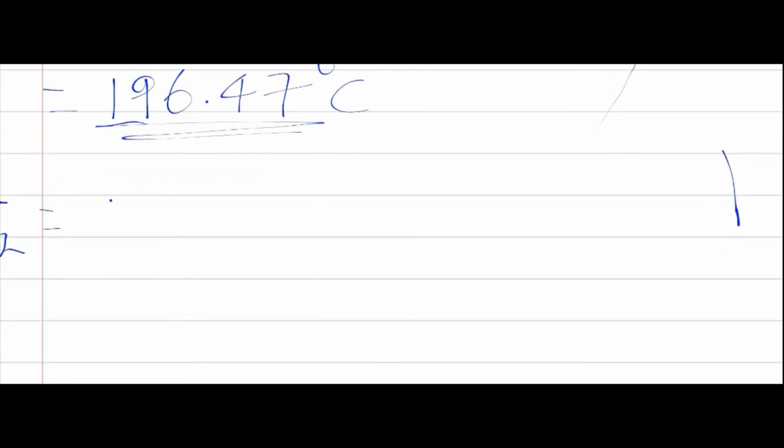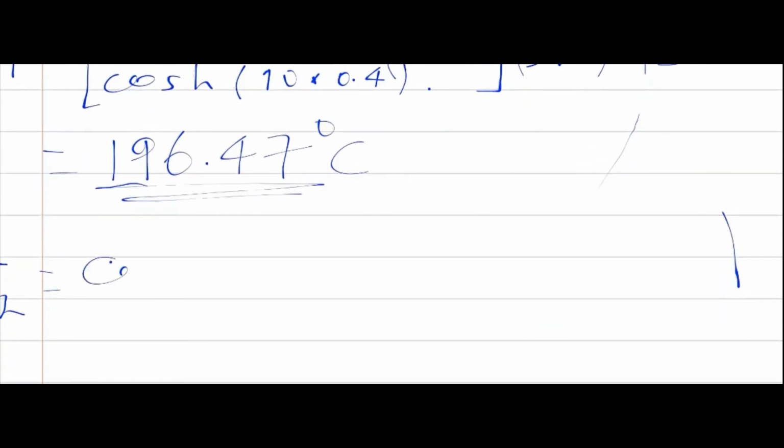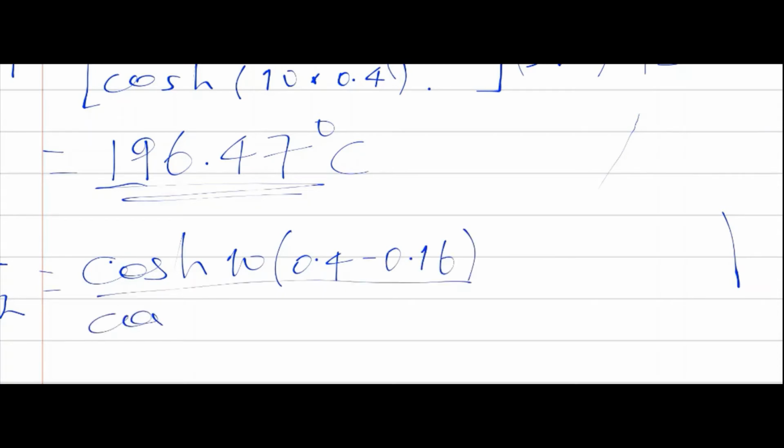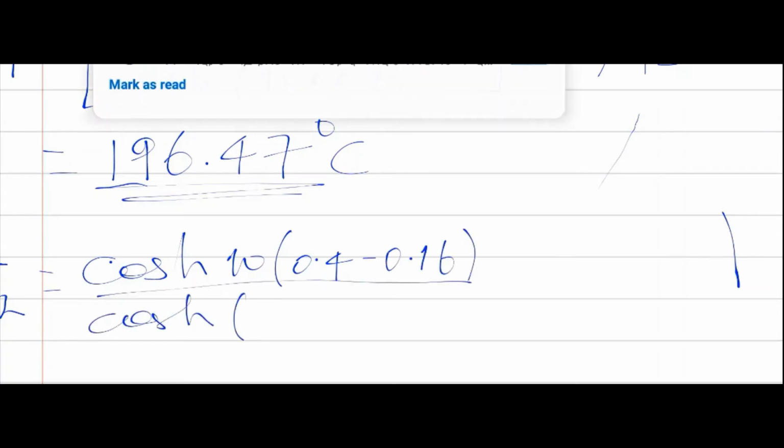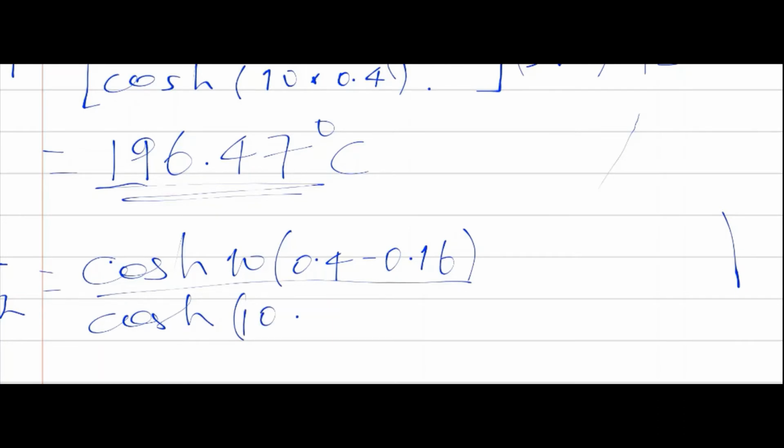For T2, the same procedure, you only change the value of x, which for the next point is 0.16. So substitute this value, over cosh of 10 times 0.4, times 370 plus 30.